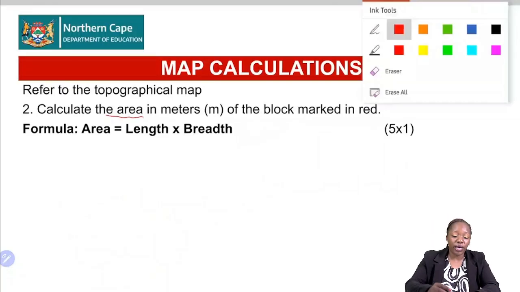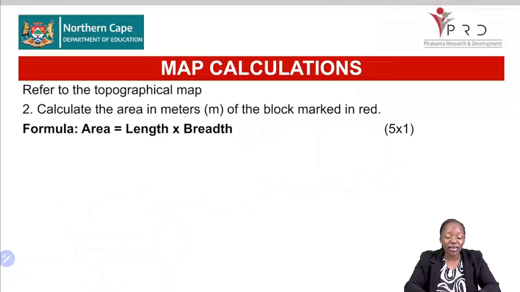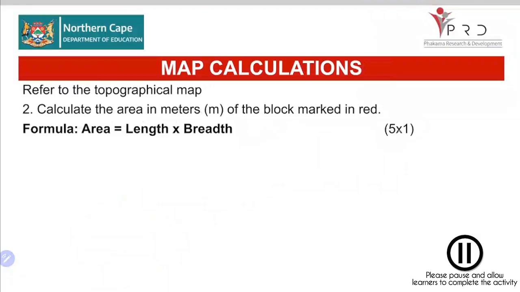So here we are given to calculate the area in meters. So again, I'm going to give you 4 minutes to calculate the area, and then after 4 minutes, we'll proceed to the corrections. So take note that you have 5 marks, which is 5 times 1. Each and every step is 1 mark, 1 mark, 1 mark. So make sure that you do not miss any step.